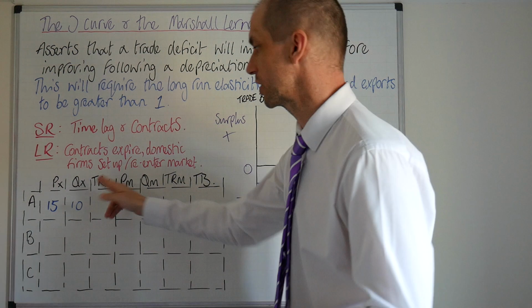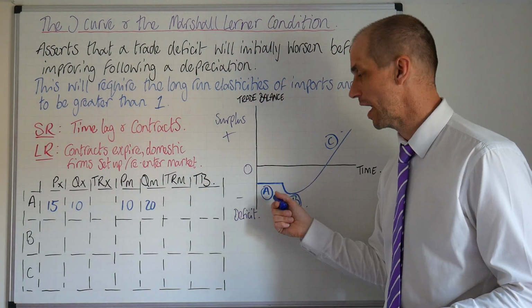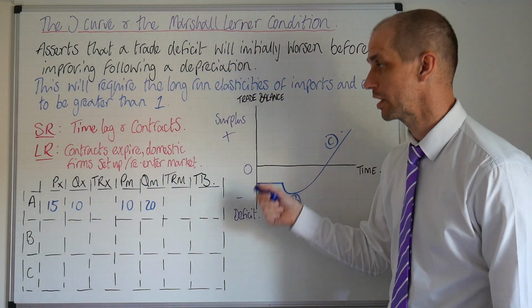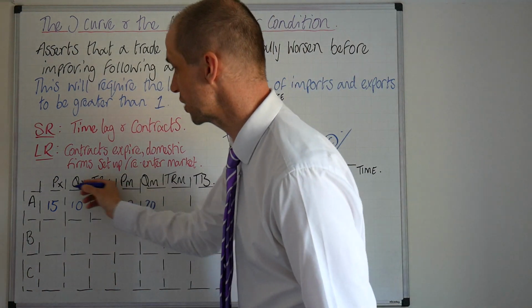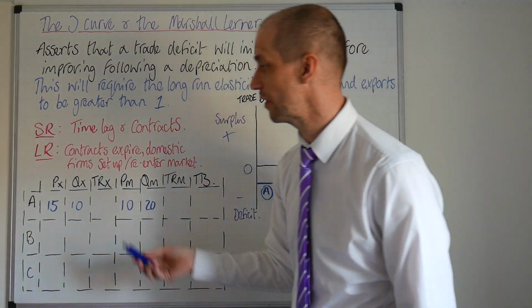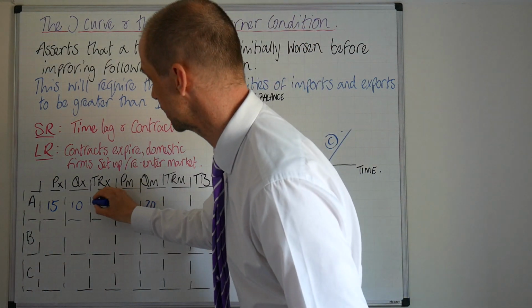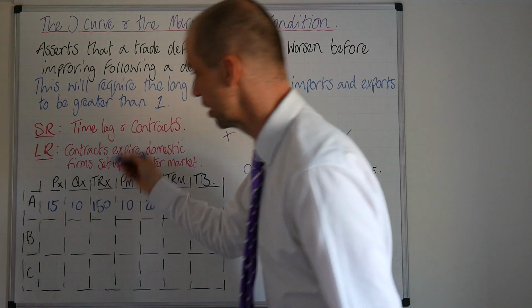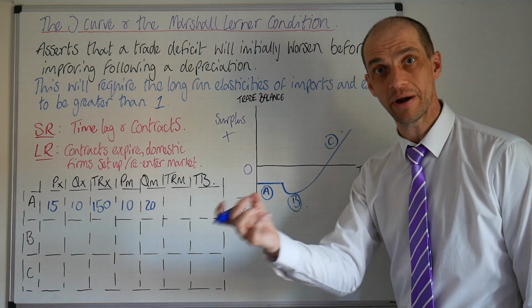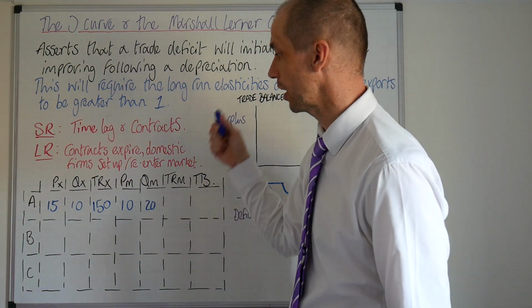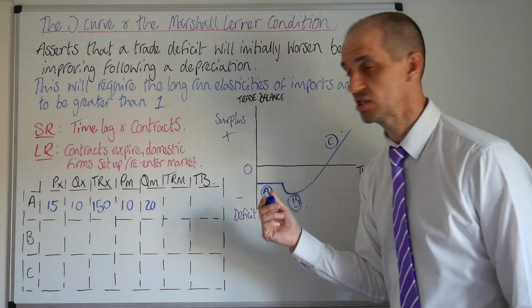So let's consider our example as we are in point A here, where we are currently running a deficit. We've got a price for exports, in a very simple model, and a quantity of exports being demanded of 10, and we therefore have a total revenue earned for our export industry of 150. Meanwhile, the price of imports is 10.